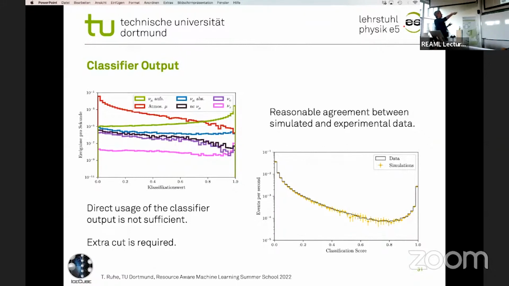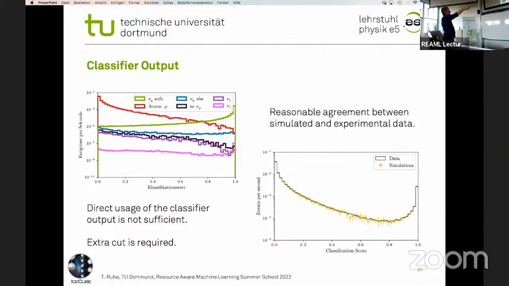But these are the most important types of particles. You have the atmospheric muons because they're everywhere and so abundant. This is of course the largest background, and because they mimic the signal that we actually want to see. And then there's the signal class, and these other colored lines are other signals that we also might see.